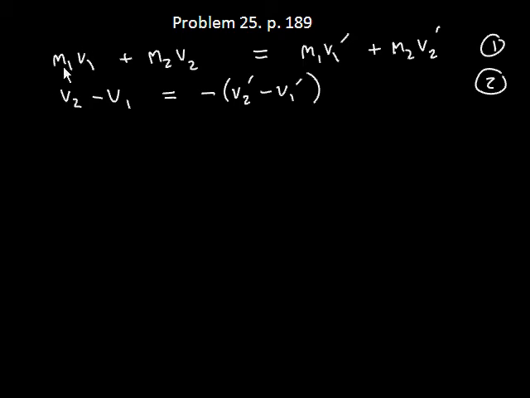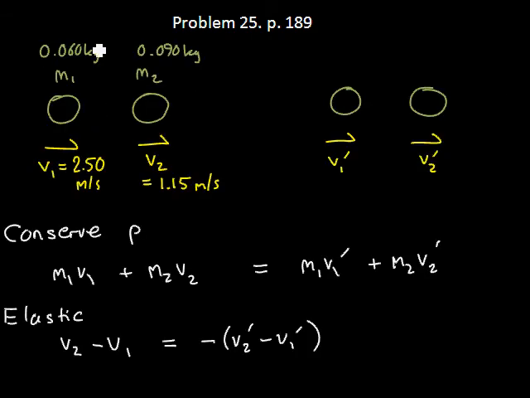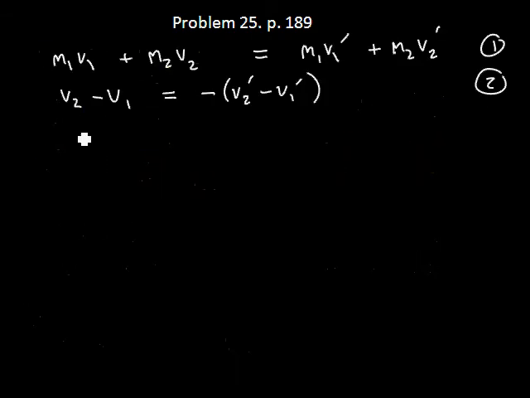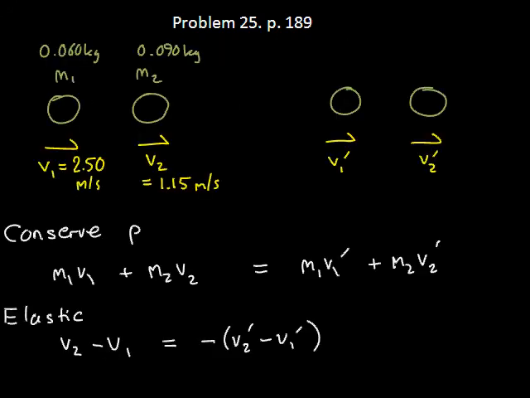From these two equations, everything on the left I actually know and I can plug in. m1 v1 is, from my previous equation, 0.06 times 2.5, plus m2 v2, which is 0.09 times 1.15.